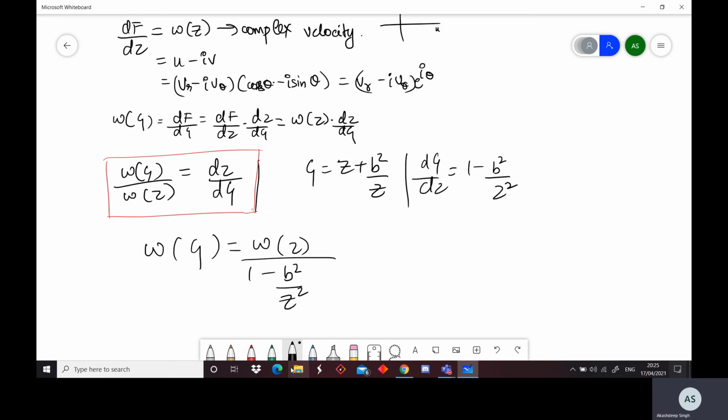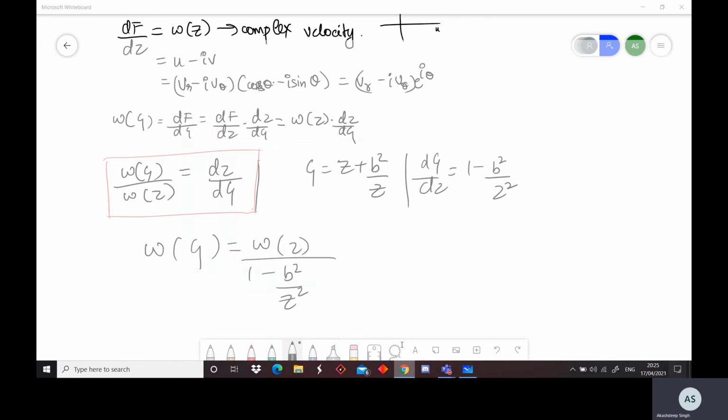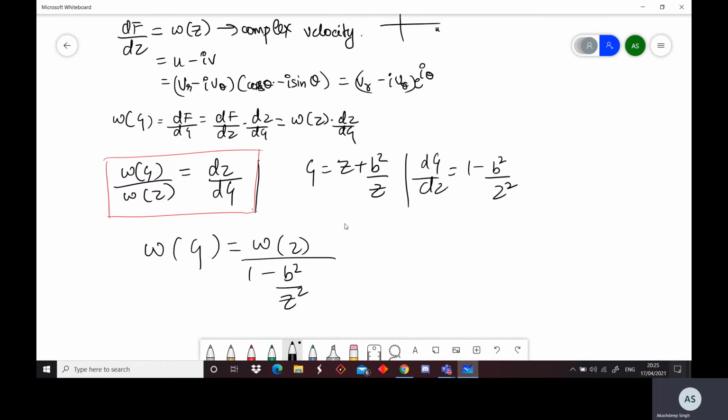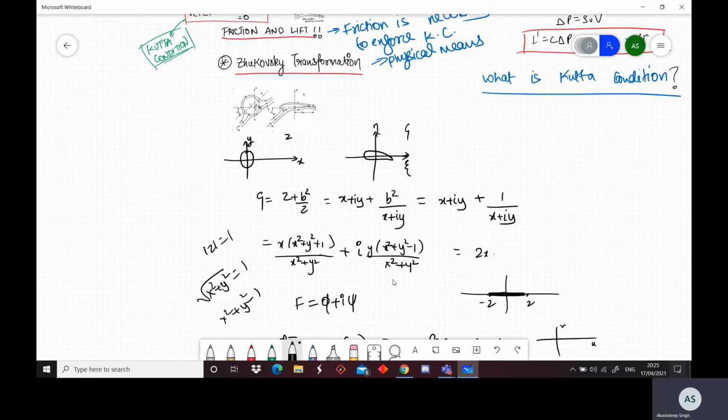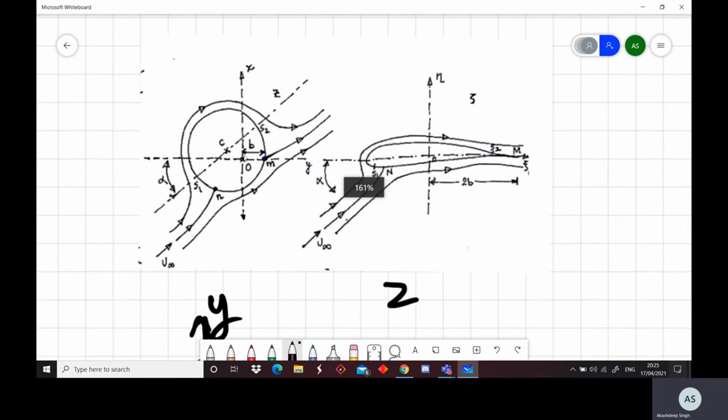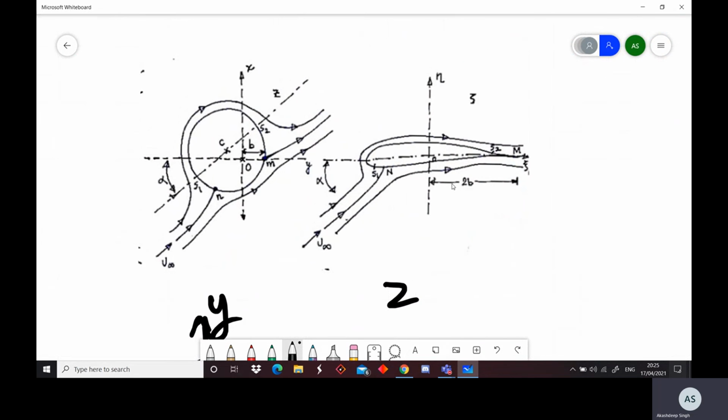Now if you look at this diagram, we'll answer the question we have explained, how we can transform this using complex potential. So what is the velocity condition at small m and capital M? First we'll locate these two points and find the velocity condition. Point small m is at a distance b from the origin in the z plane, and point capital M is at a distance of 2b.